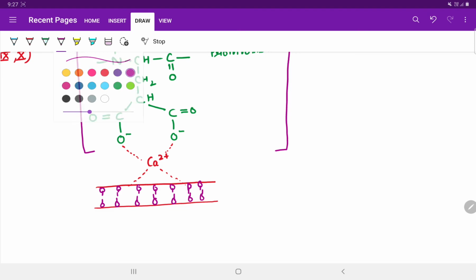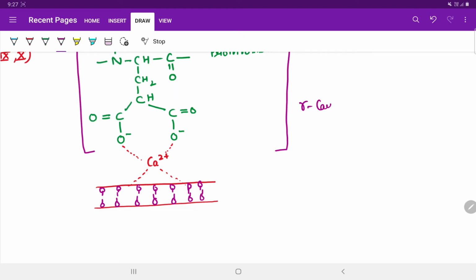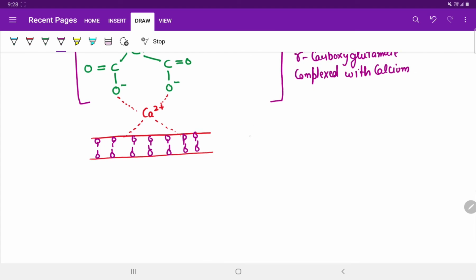So this is the gamma carboxyglutamate complexed with calcium. And here is the platelet membrane that is formed.